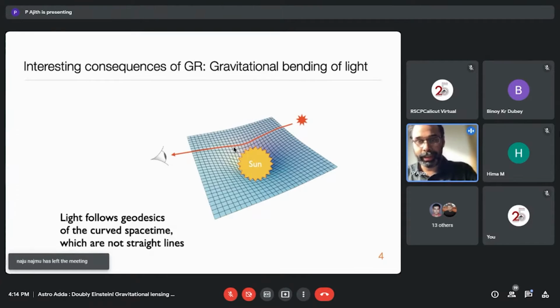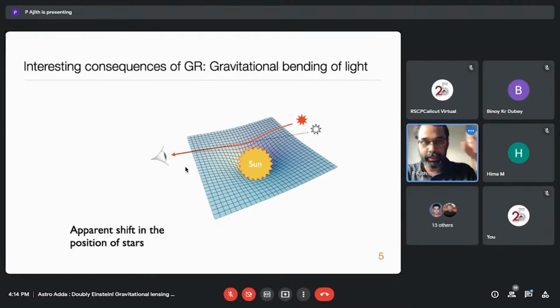And here is a concrete example of something that one could actually observe. Here there is a distant star, whose rays are grazing the limb of the sun. And because the space-time is curved, the path of the light is also curved. And an observer looking from the other side of the sun, for example, the Earth, would see a shift in the apparent position of the stars.